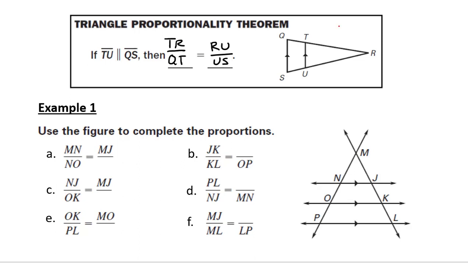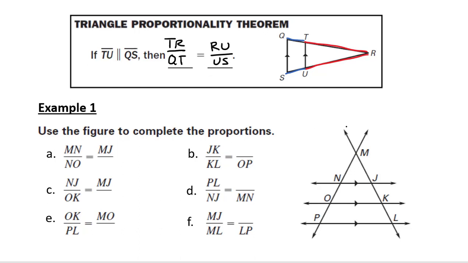So how I look at that, I have this piece there, TU, is to RU as RU is to US. And there's a whole lot of different proportions that I can now form out of this.